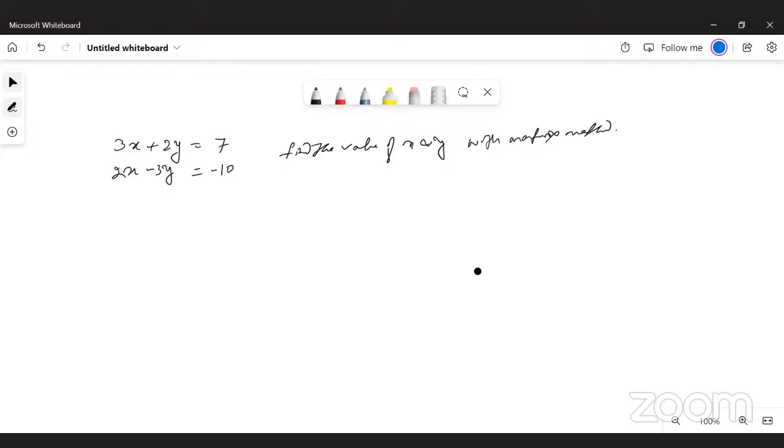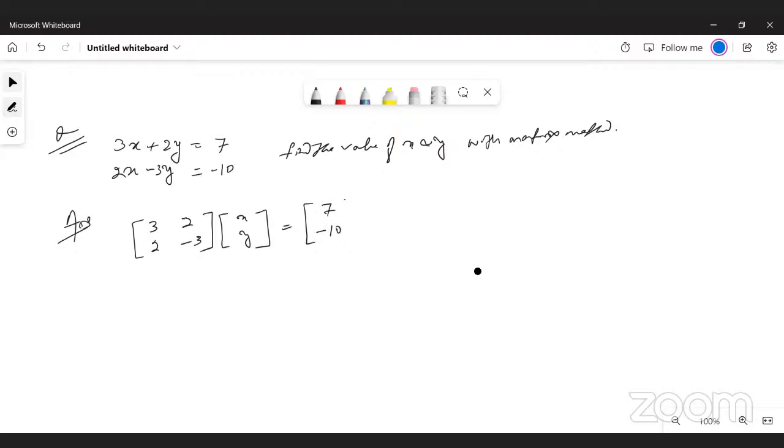Actually, we already know in the matrix method, first, this is the question. Now we have to try to solve it. This can be written as the matrix 3, 2, 2, minus 3, times x and y, equals 7, minus 10.